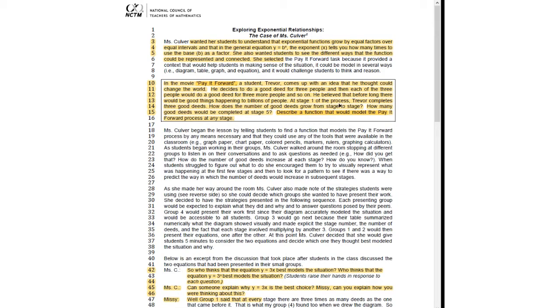At stage 1 of the process, Trevor completes 3 good deeds. How does the number of good deeds grow from stage to stage? How many good deeds would be completed at stage 5? Describe a function that would model the pay it forward process at any stage.